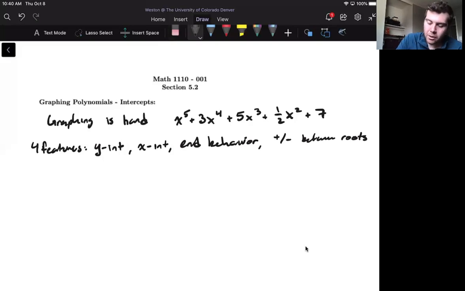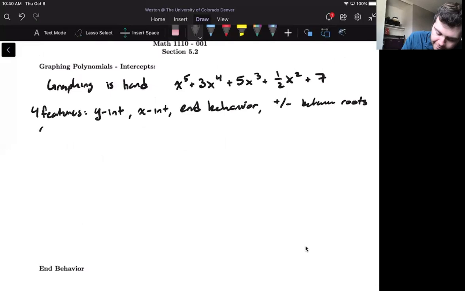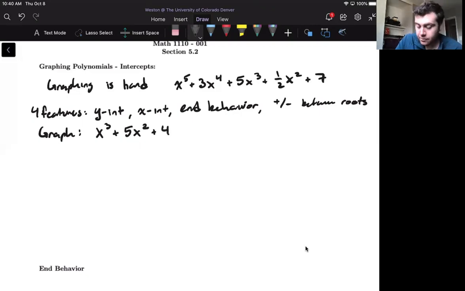All right, so if we want to graph, let's say, x cubed plus 5x squared plus 4x, we can find the y-intercept really easily.